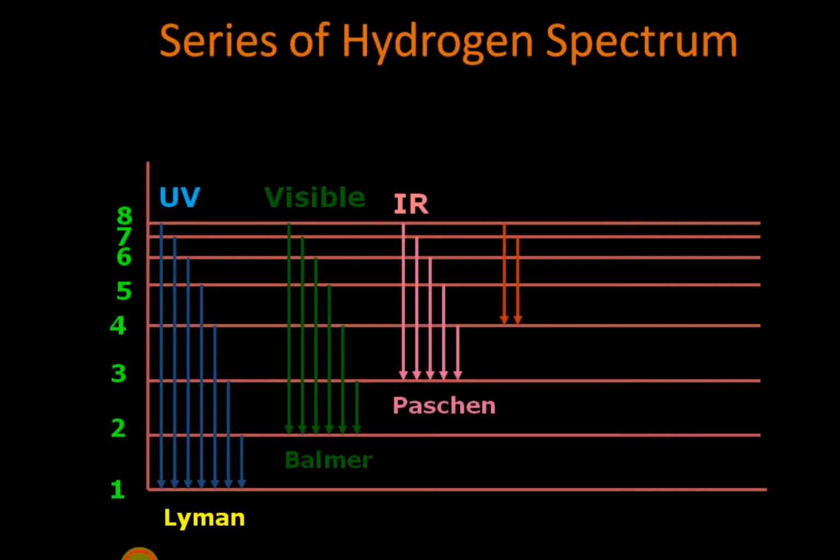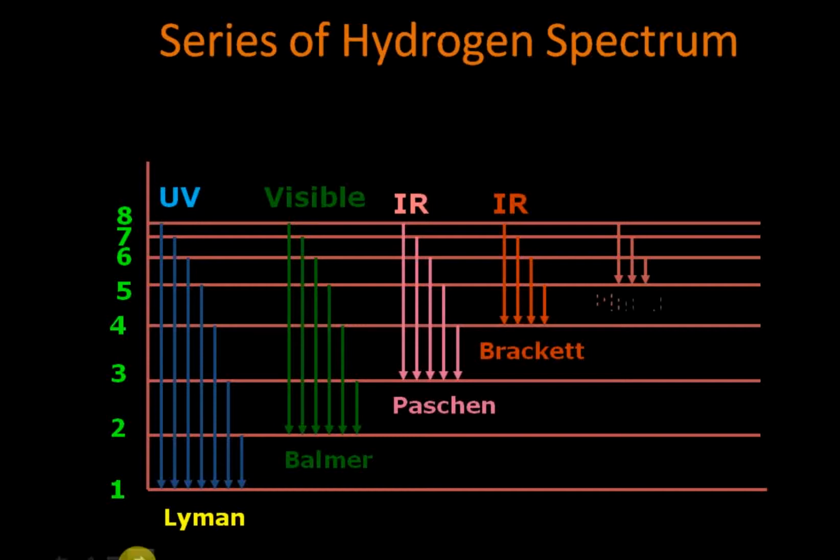So here the first series, which was observed by Bohr, is a visible series of the hydrogen spectrum, because the radiations in this series fall in the visible region of light. So that is known as the Bohr series.